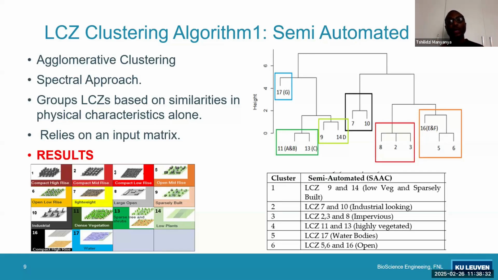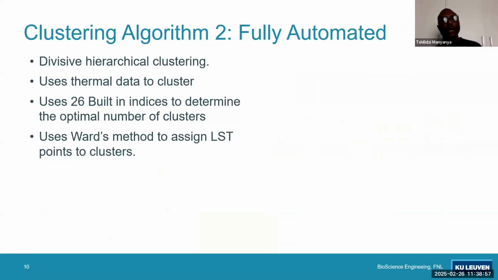It grouped 2, 3, and 8 together. These are classes that are mostly impervious. And then it grouped 11 and 13 together. And then 17 was on its own, and then 5, 6, and 16, which were the open classes, were put together.